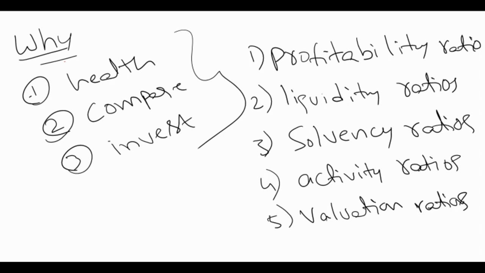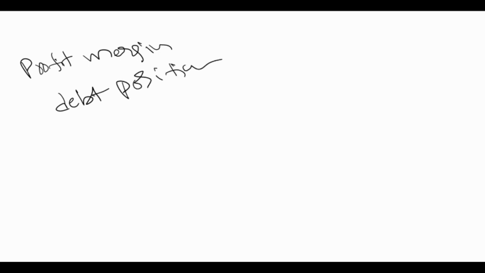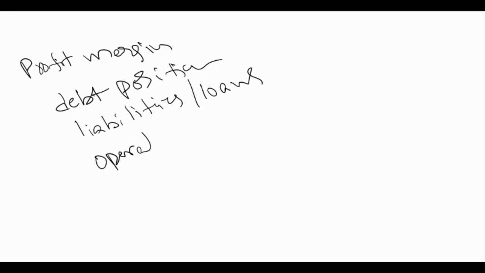What will they actually tell us? They will tell us about company performance with respect to profit margin, or short term or long term debt position, and whether the company has more liabilities or loans and whether they can pay back these liabilities or loans, and how the company's operational efficiency is.